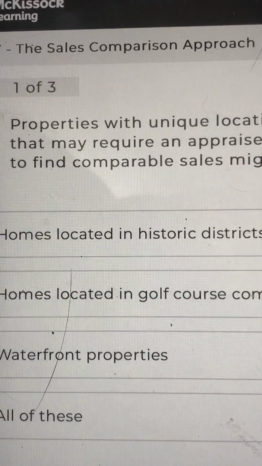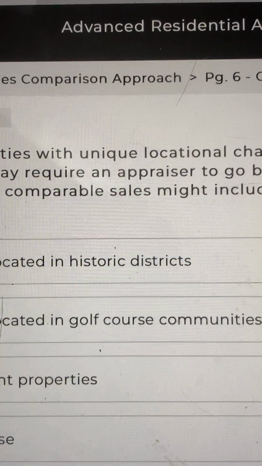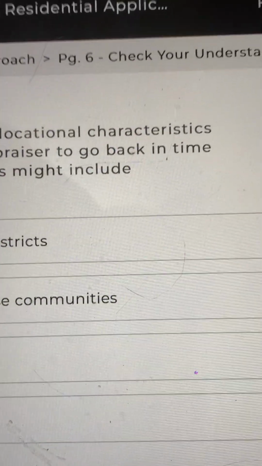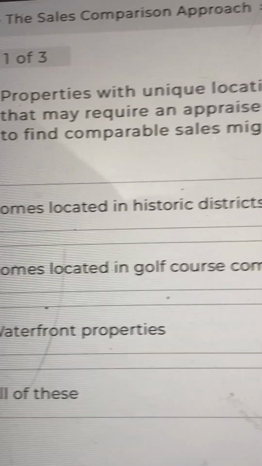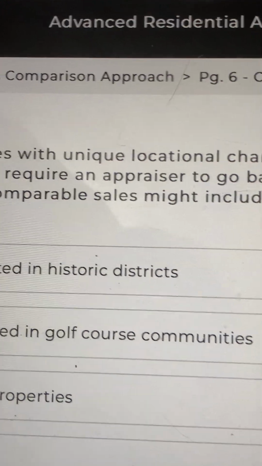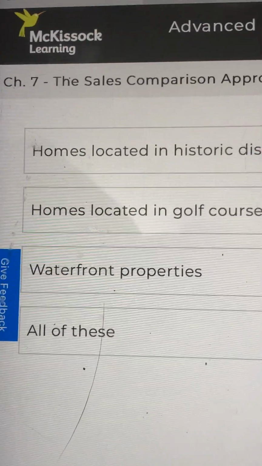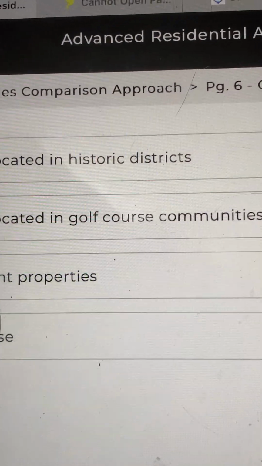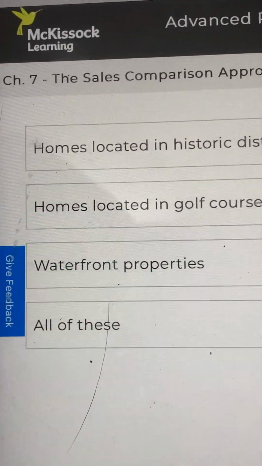Properties with unique locational characteristics that may require an appraiser to go back in time to find comparable sales might include: A. Homes located in historic districts.